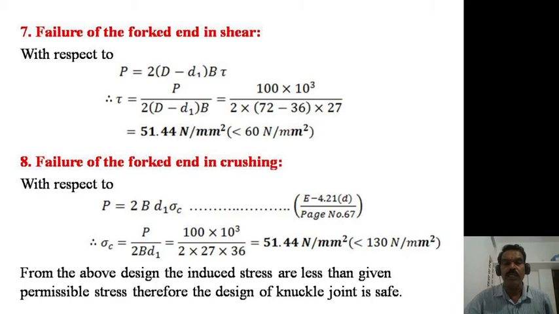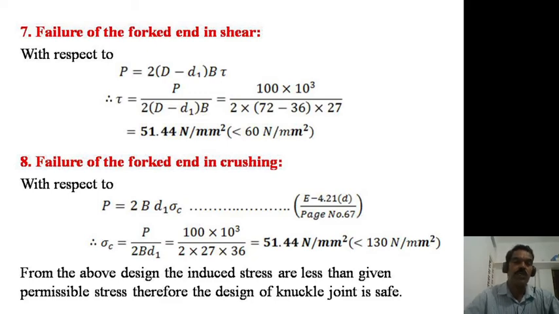By simplifying it, you will get the induced shear stress of the forked end, equal to 51.44 Newton per mm square. It is less than the permissible value, that is 60 Newton per mm square. Hence, the design of the forked end in shear is safe.